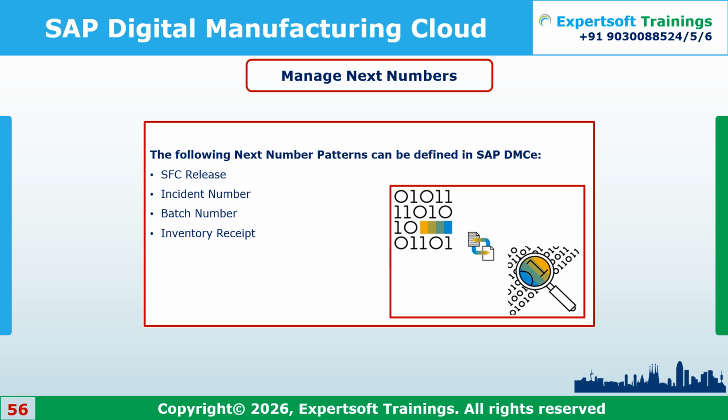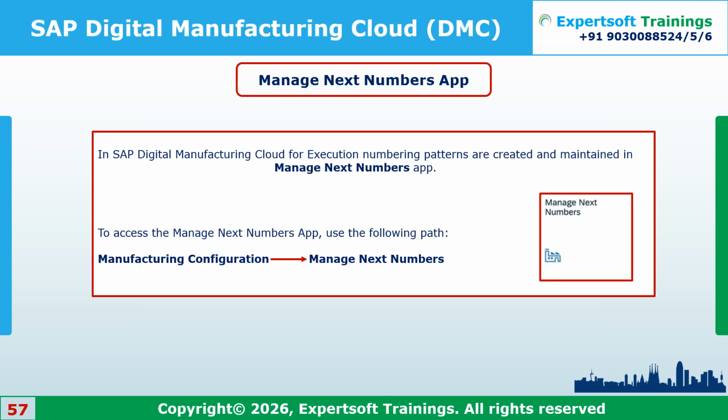How you want to release the SFCs, that we can define in this DM, and then the incident number, batch number, and the inventory receipt. So we can also perform the goods receipt in the DM. All that information can be managed in this app, Manage Next Numbers.